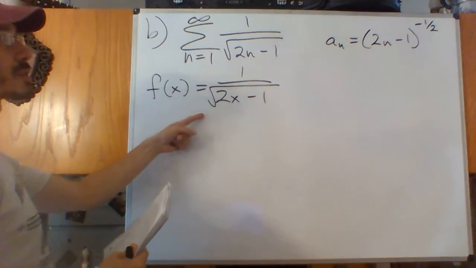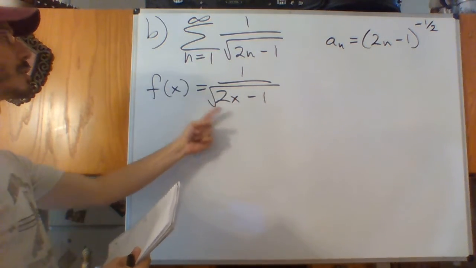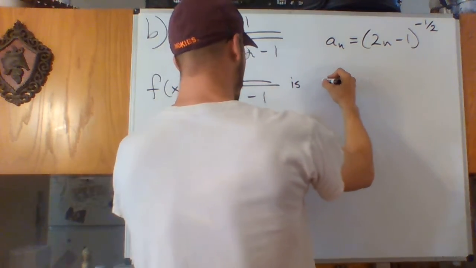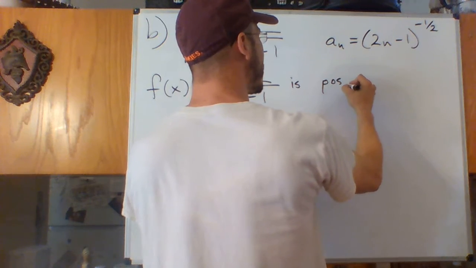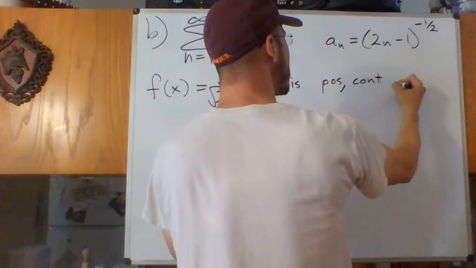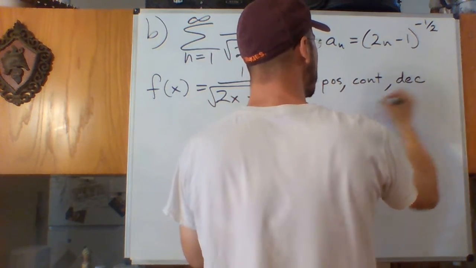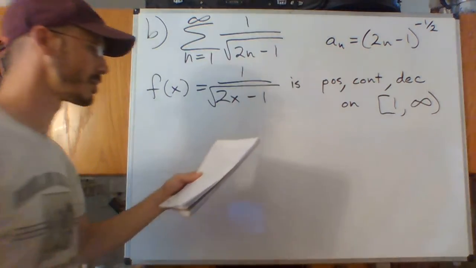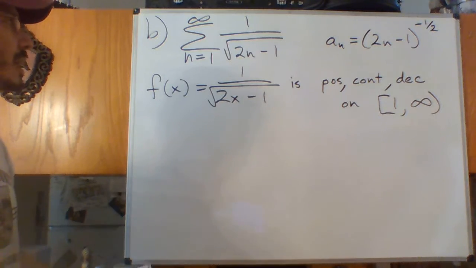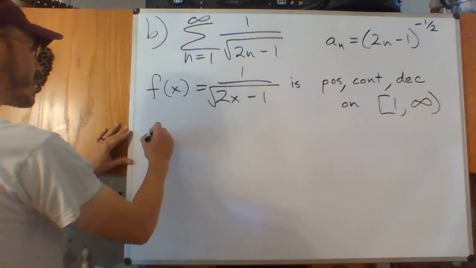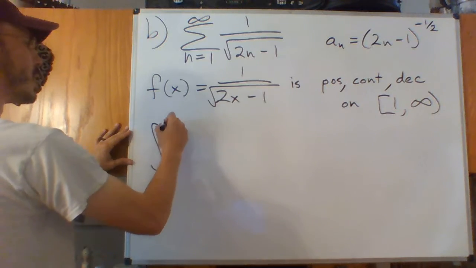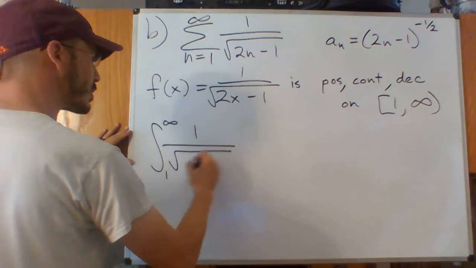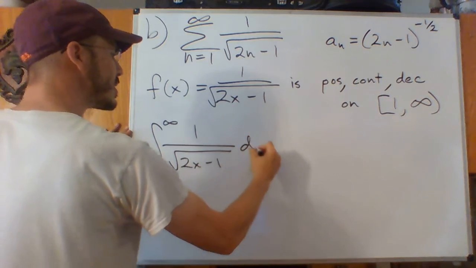Same as the terms of the series, just I'm using the x variable, thinking of it as a continuous function. It is positive, continuous, decreasing on 1 to infinity. And so what I would look at is the improper integral from 1 to infinity of 1 over square root of 2x minus 1 dx.